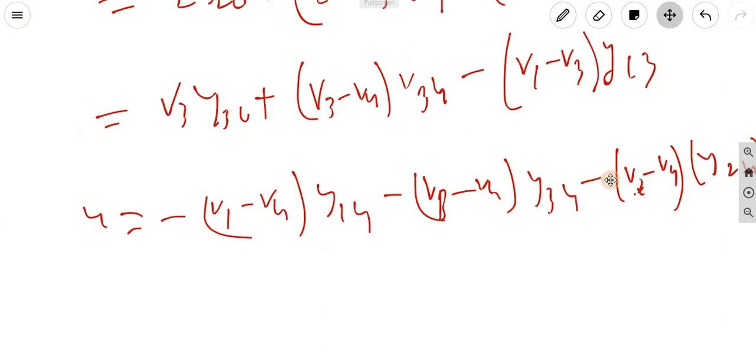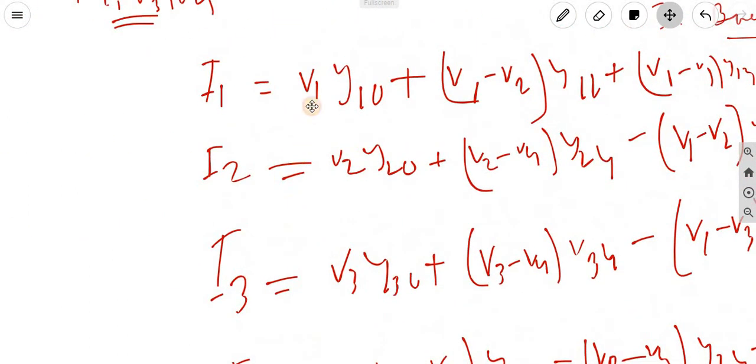So these are the 4 equations of current injection.